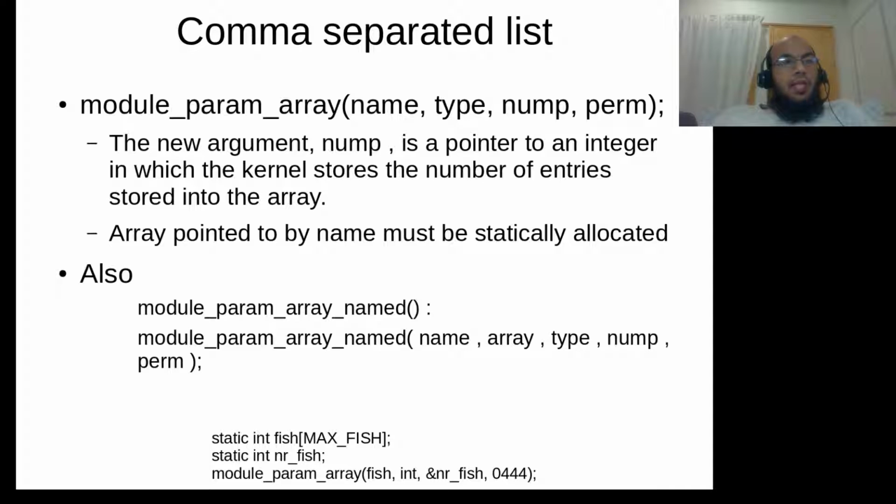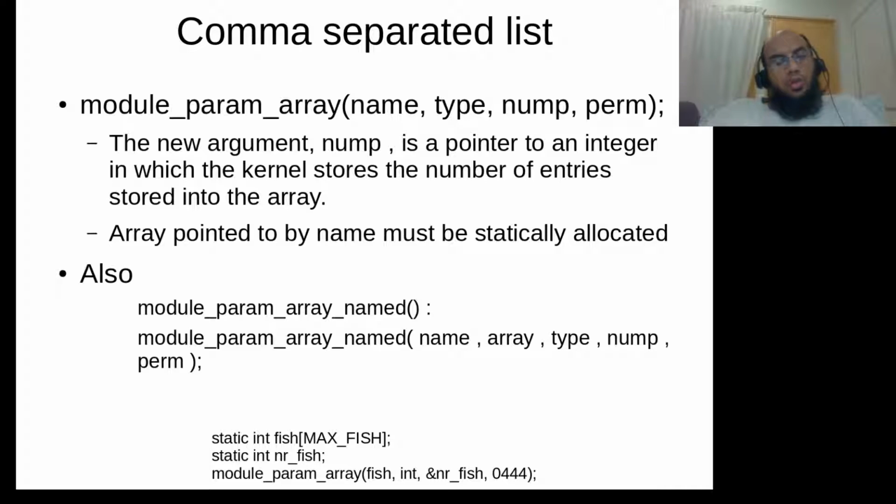You can pass in comma separated lists by using module_param_array, which takes a name, type, num, and permissions. The new argument num is a pointer to an integer in which the kernel stores the number of entries stored into the array. So you pass to the kernel how many parameters are in the array that you're passing using num.